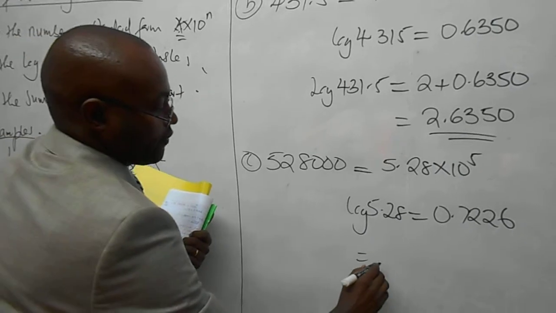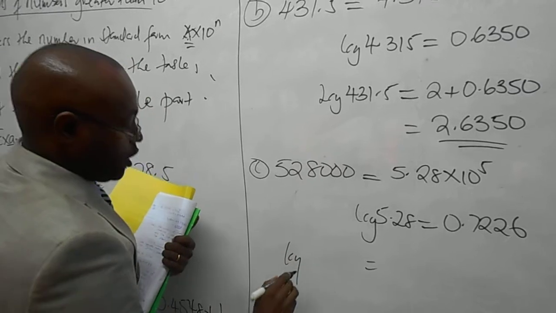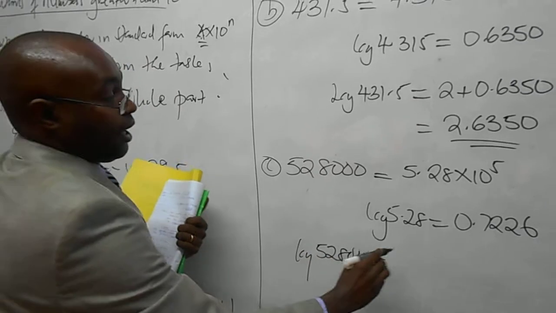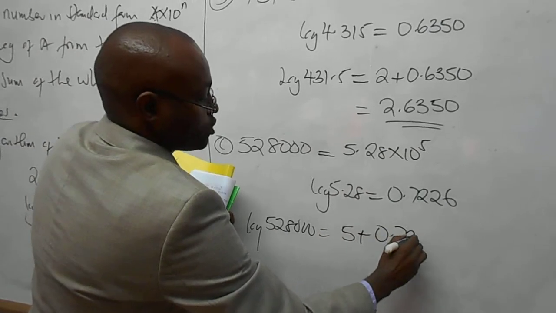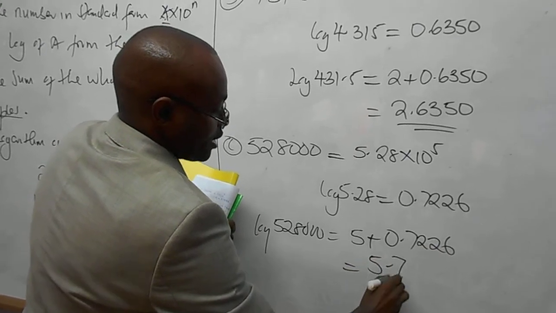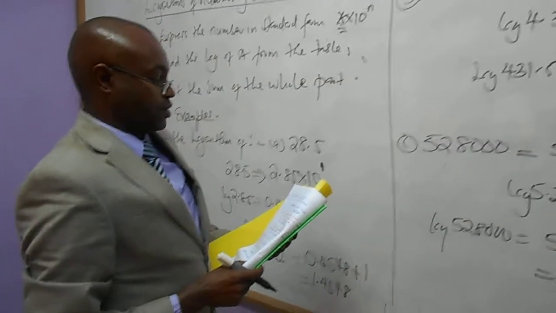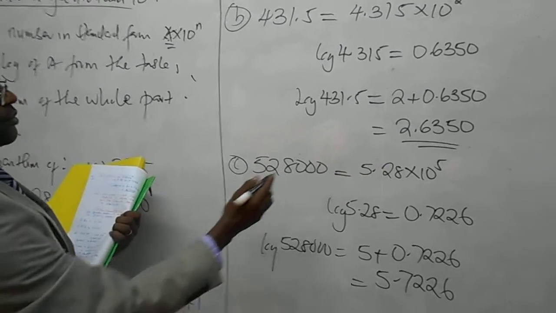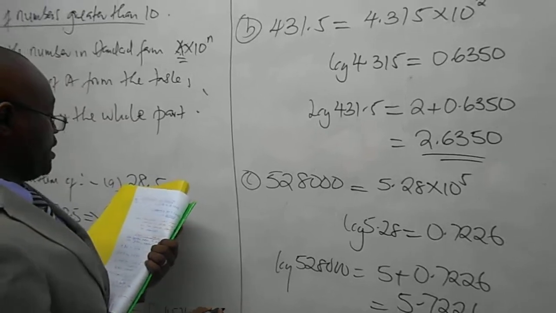Therefore, the log of 528,000 will be 5 plus 0.7226, and that gives us 5.7226, which would be our logarithm of 528,000.